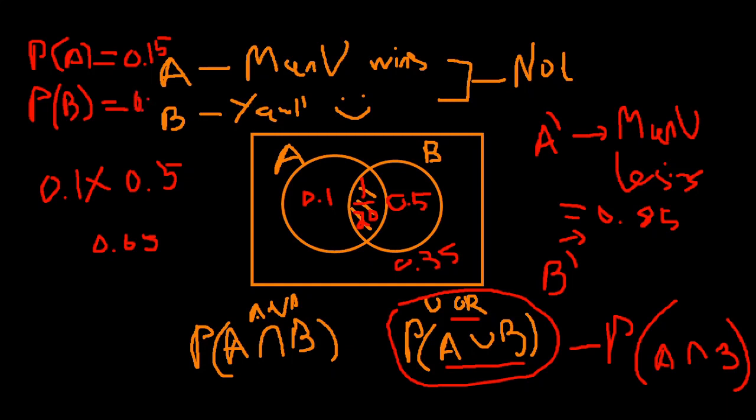And now imagine they told you, and in this case they have to tell you the probability of A and B happening, because since A and B are not mutually exclusive, the probability of A and B happening is already kind of baked into the probability of B and A, right?